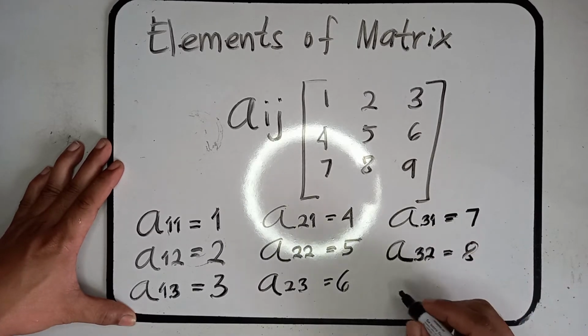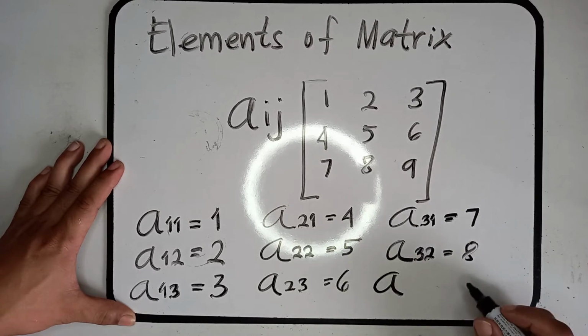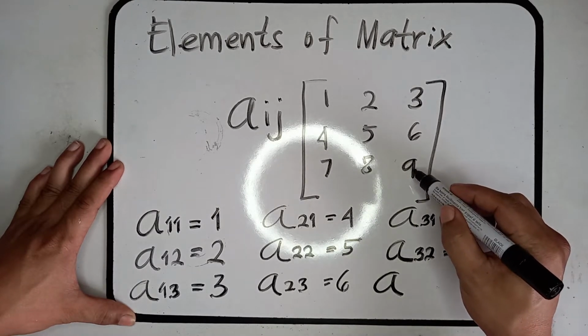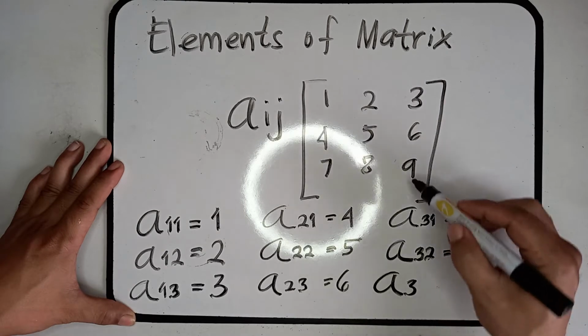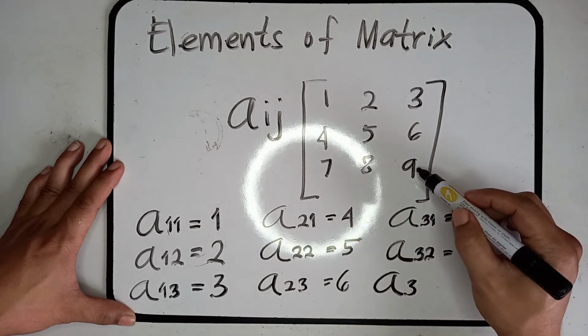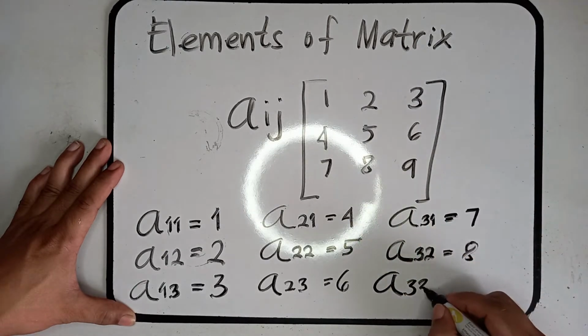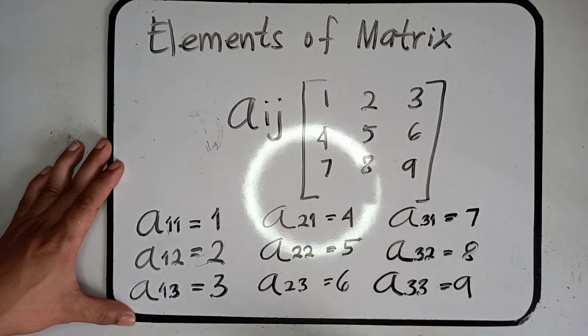And then for the last element we have, that is 9. So 9 is on row 3 and column 3. Okay? So that's how you identify the elements of your matrix.